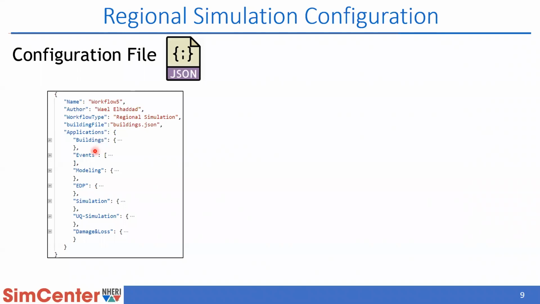For each one of these, in this JSON file, we specify some configuration. So you can specify where your building data is coming from, how your event is characterized, how you model the structure, how you evaluate the EDPs, how you do simulation, how you handle the uncertainty, and how you do the damage and loss calculations.